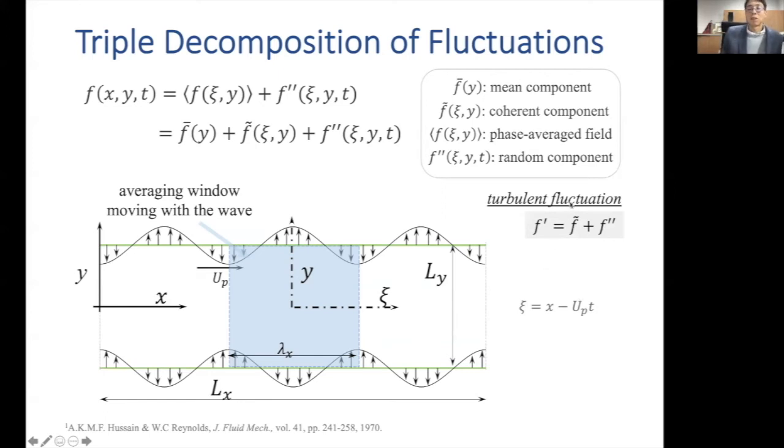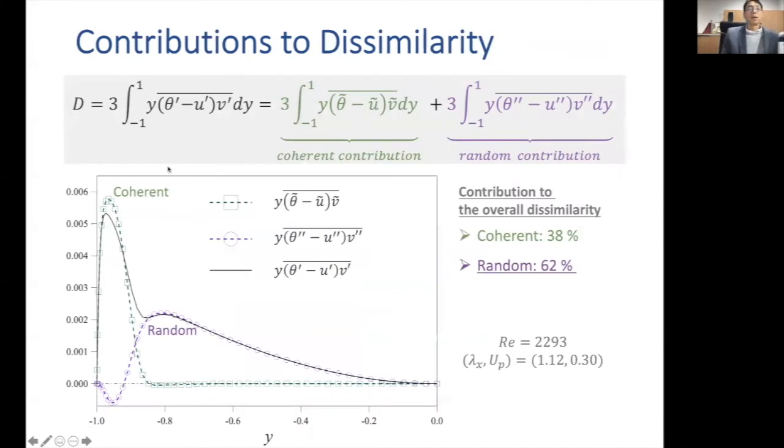The conventional turbulent fluctuation can be written as the sum of this coherent fluctuation and the random fluctuation. Now we decompose the contribution to dissimilarity into a coherent contribution and a random contribution. What's interesting here is that the coherent contribution only has 38% of the total contribution, and 62% is coming from random.